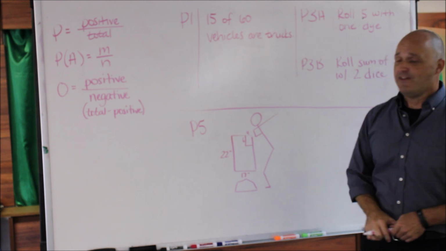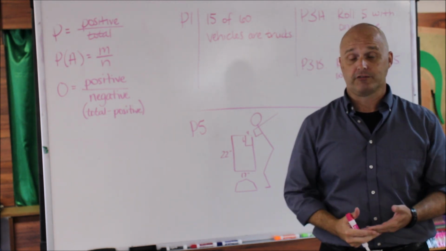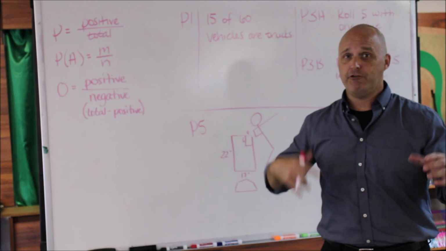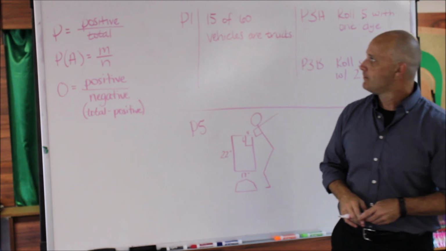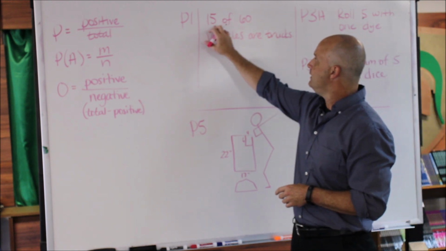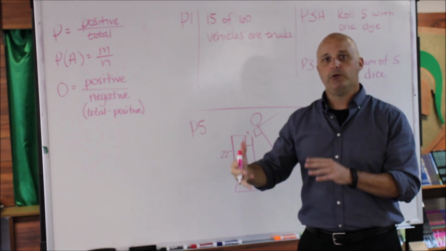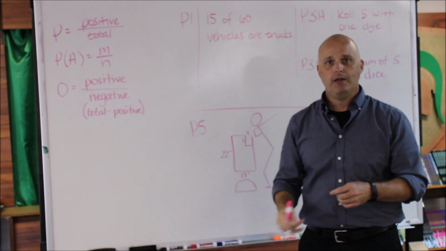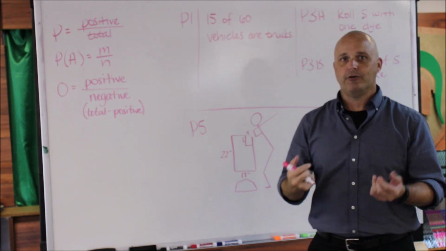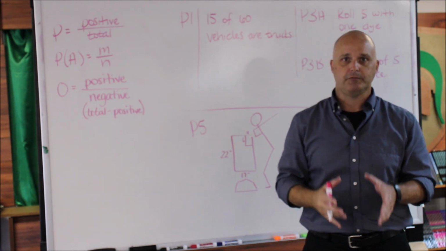It says 15 of 60 vehicles in the teacher's parking lot are trucks. So what is the probability that if you pick one vehicle at random, it is going to be a truck? So the 15 represents the number of trucks. The trucks represent the positive outcomes.